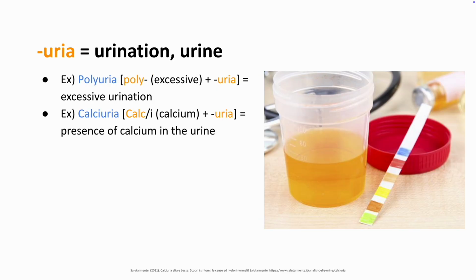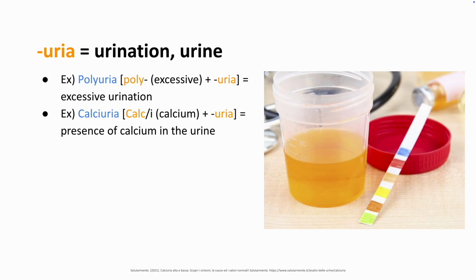So suffix uria, actually, it's more like uro, the combining form, plus suffix ia, or disease or condition. I combined that into uria, but I just made it a separate slide. So suffix uria means urination or urine. One example is polyuria.